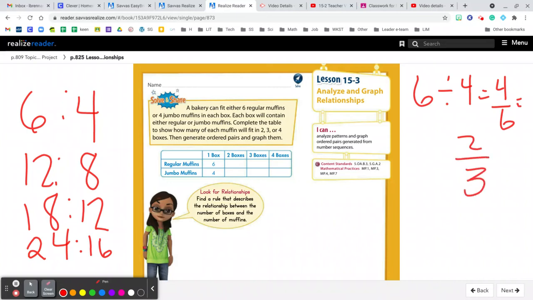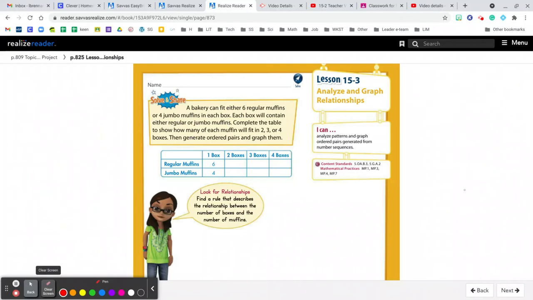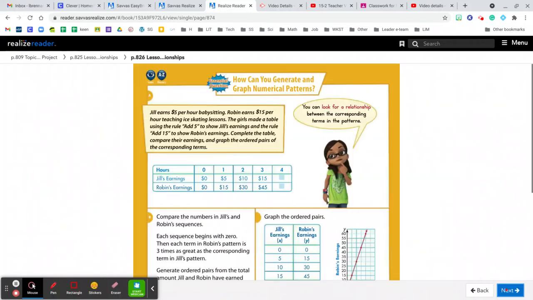So it's a 2/3 relationship. Okay, that is tricky. Sneaky, they didn't give you whole numbers on that one.